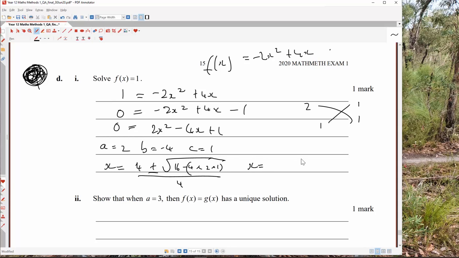So x equals 4 plus or minus the square root of 16 take away 8, so that's 8. 8 is 4 root 4 times root 2, 2 root 2 over 4, equals 1 plus or minus, what's that going to be? Root 2 on 2.